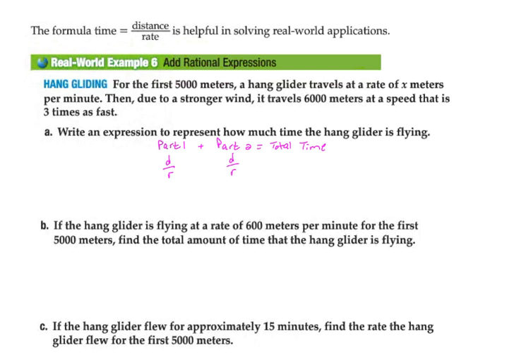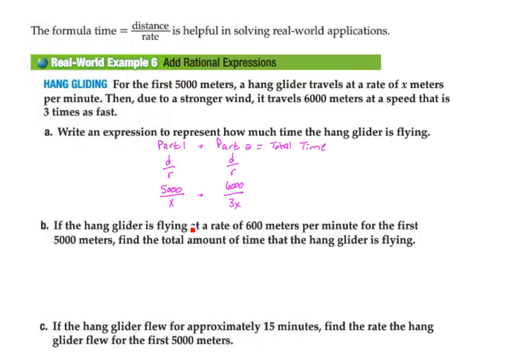Distance of the first part of our trip is 5,000 meters. Do we know our rate? We don't. They say that it's x meters per minute. They say then due to a stronger wind, we travel 6,000 meters at a speed that's 3 times as fast. So 3 times as fast. And we know that we are combining those two. So there's our expression.